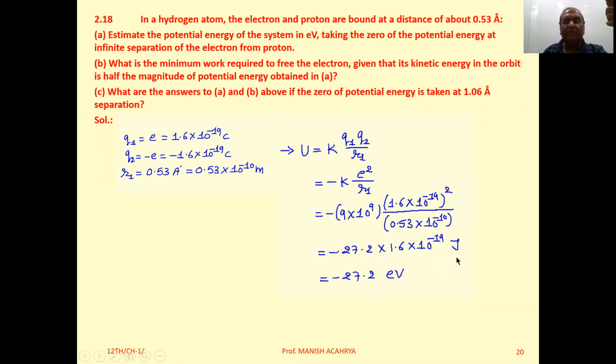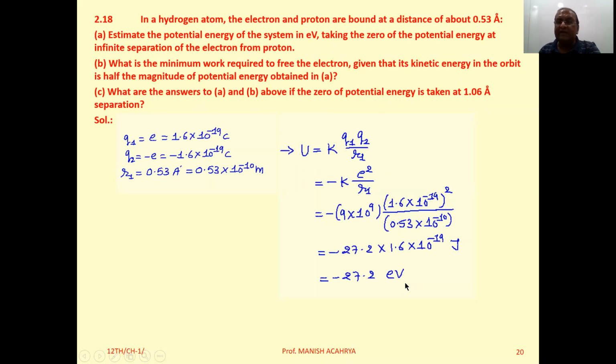Now, if we want to give the answer in electron volt, then we have to divide this by 1.6 into 10 raised to minus 19. So potential energy of this system will come to minus 27.2 electron volt.